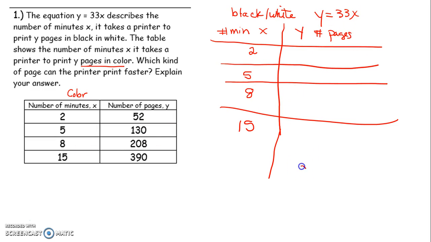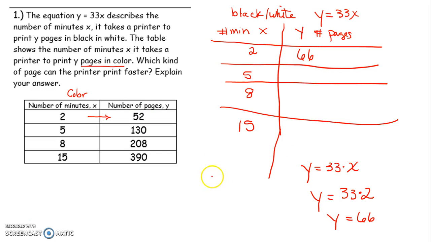So if you have y equals 33x, that means 33 times x. Let's see how many pages could get printed after 2 minutes. So y equals 33 times 2. Oh, 33 times 2 is 66 pages. Okay. Well, the colored printer, after 2 minutes, can only print 52 pages. And I could continue this process.